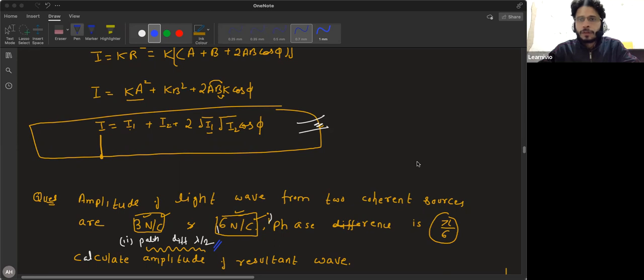Alia, Hishma, Miraj, Nabil. The first part is straightforward. You have A, you have B, you have phi. Just substitute in that formula, na? A squared plus B squared plus 2AB cos phi.